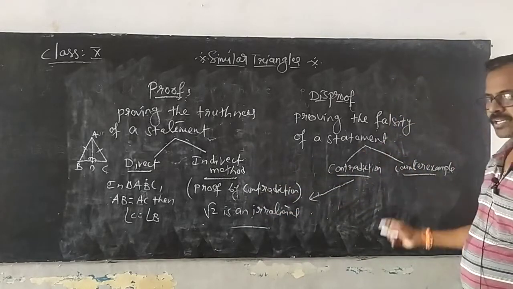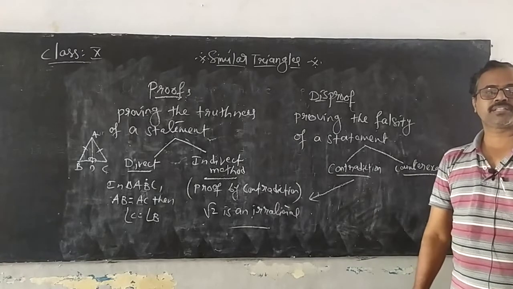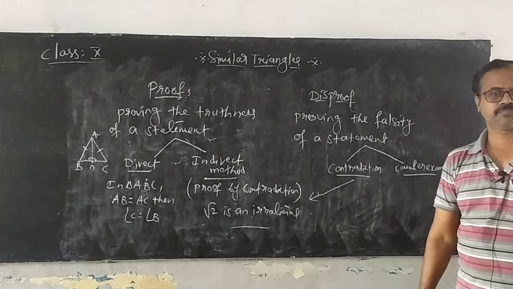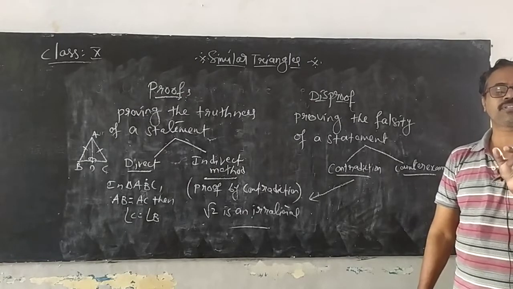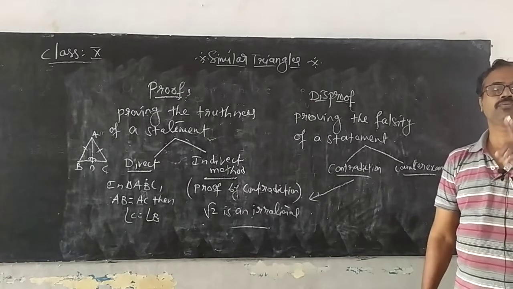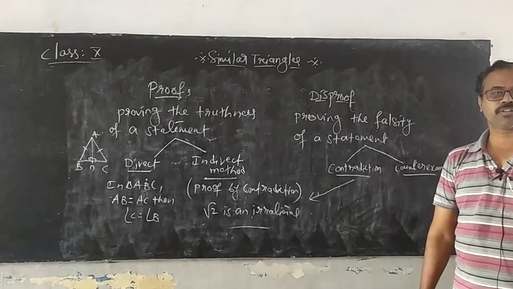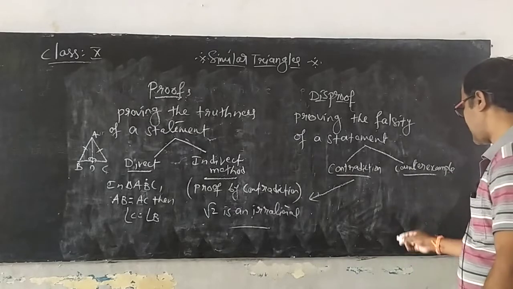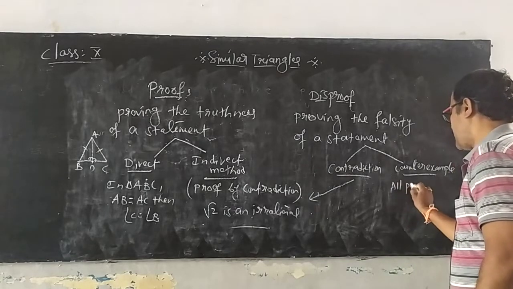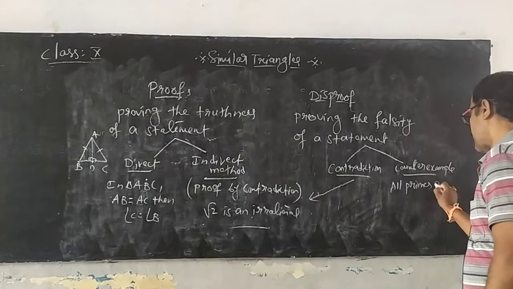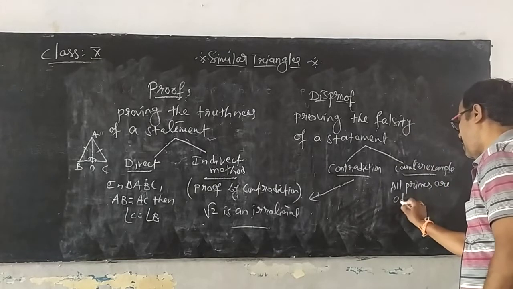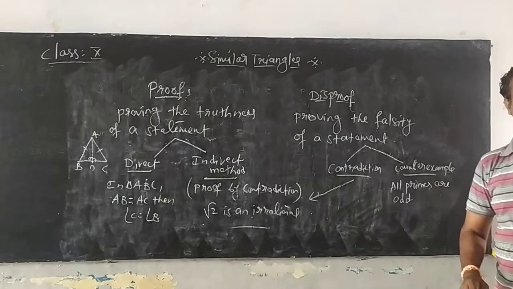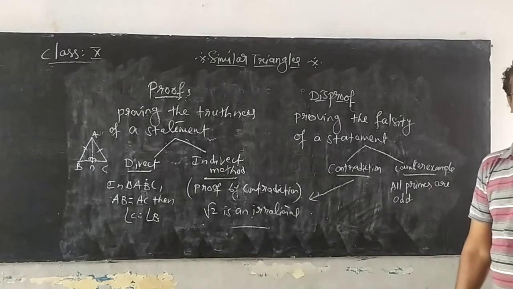Now, coming to the counter example, in 9th class, in the last chapter, we learned about this counter example. An example that shows the given statement is false is called a counter example. If I say all primes are odd, can you tell me one example which is not odd?